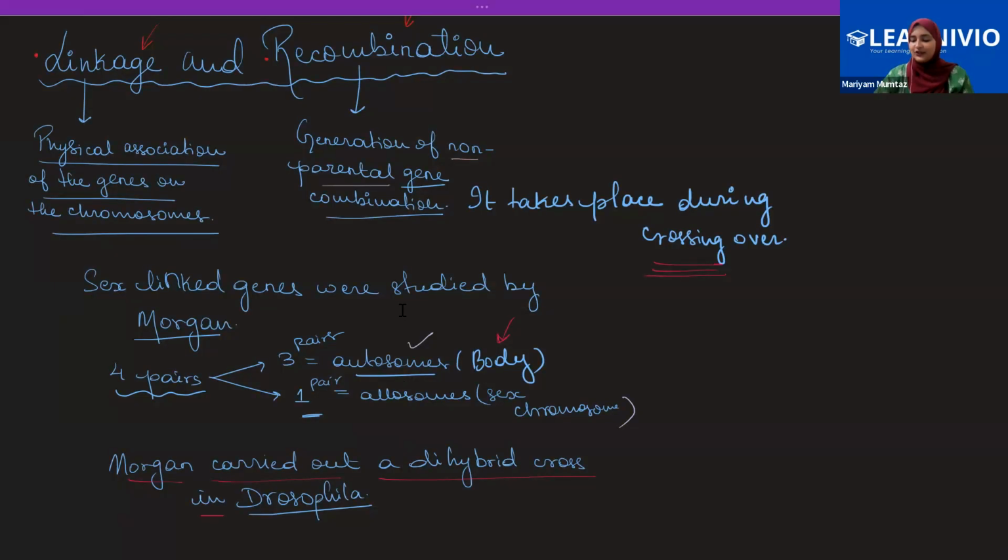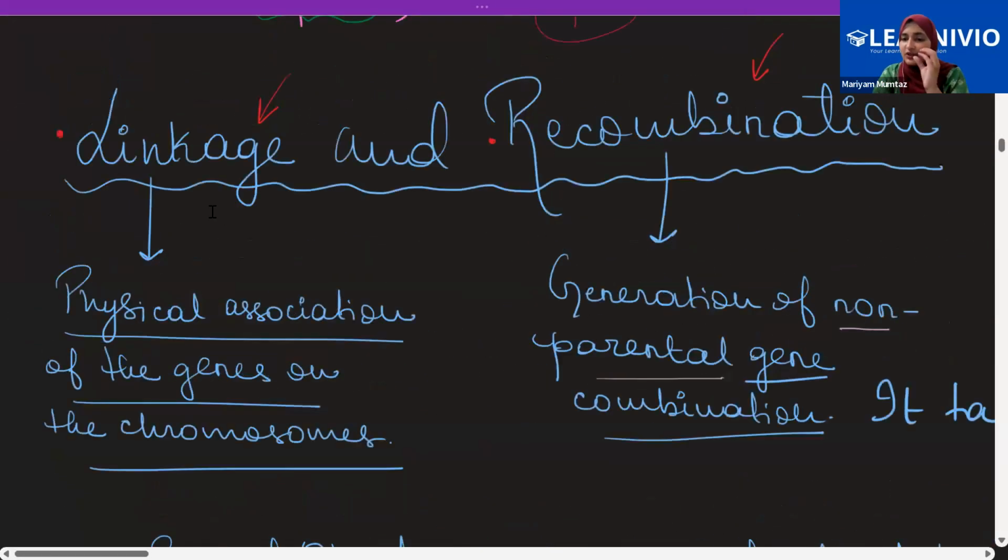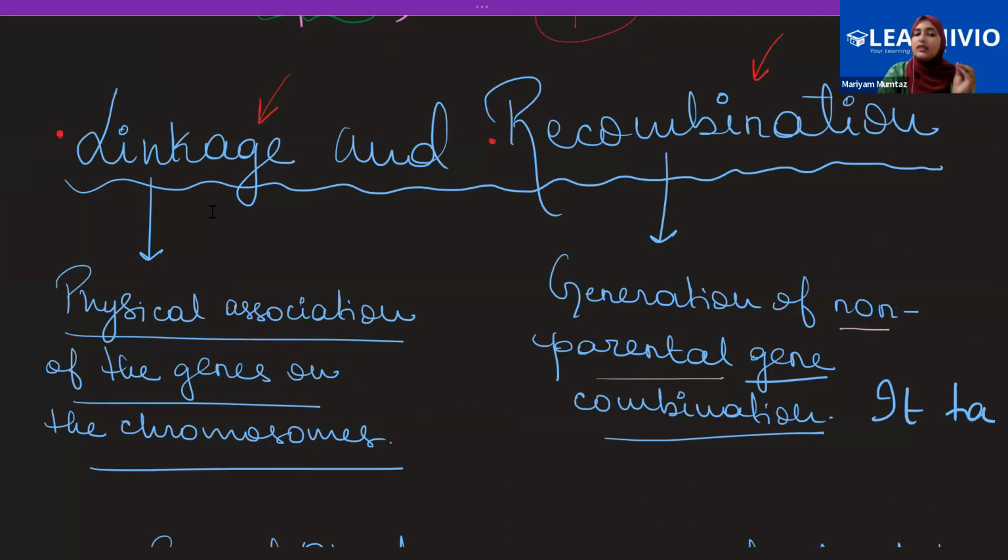Okay. So now we will start with a new topic, that is linkage and recombination. Now see, these are the properties of chromosome. The genes are the functional unit of DNA. The way the genes are present on the chromosome, their physical association and their physical location, is what we call linkage.